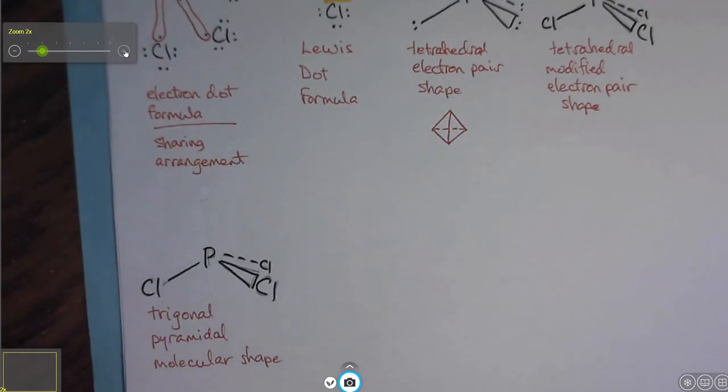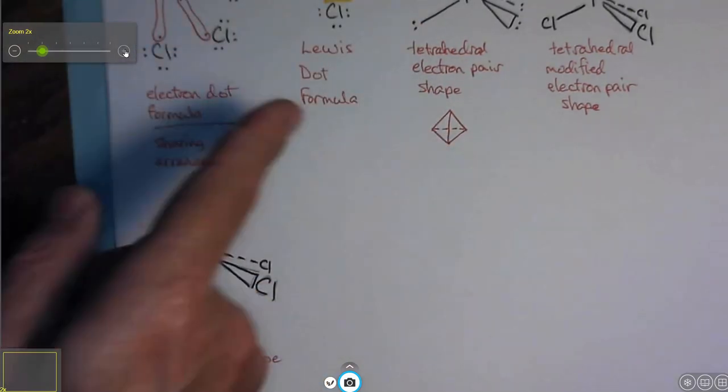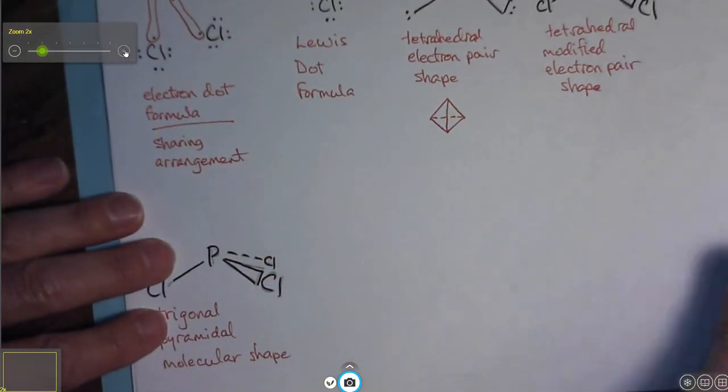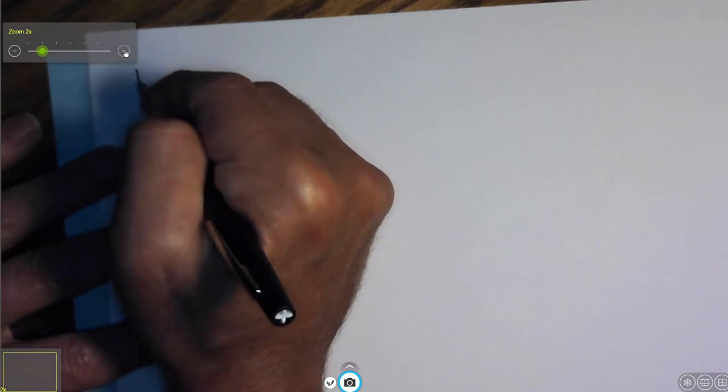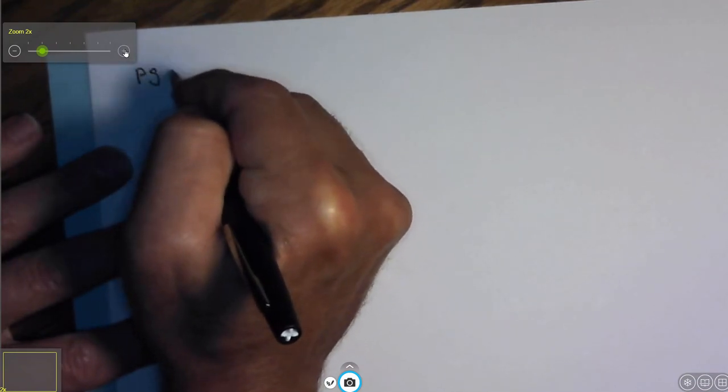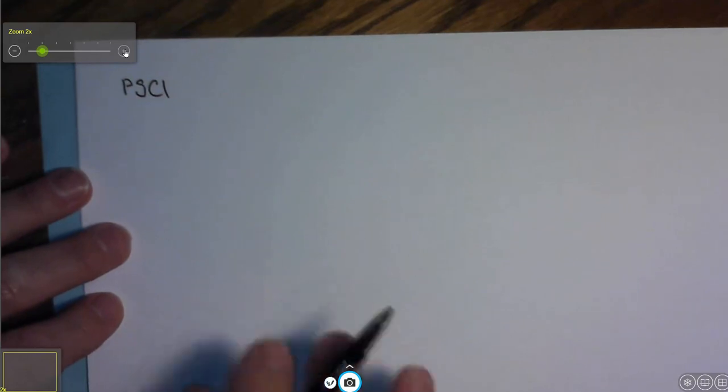Let's do one that starts with phosphorus, just like we did here. How about we do phosphorus and sulfur and chlorine? We still got phosphorus and chlorine, but we're going to use a sulfur here.